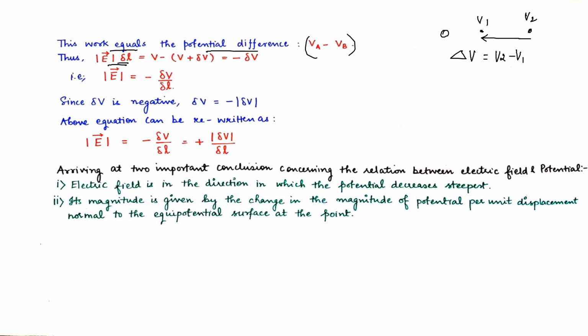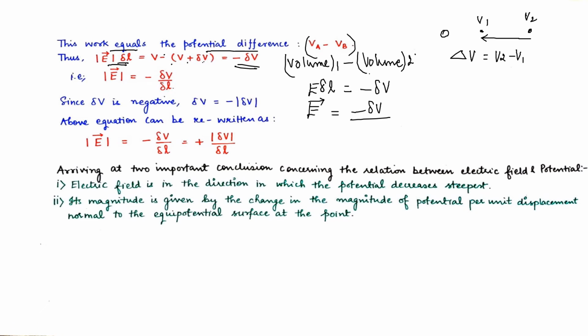Thus in the previous slide we have seen this equation equals V minus V plus del V, so the potential of the first equipotential surface minus the potential of surface 2. It should be seen in this way. So we will get E del L equals minus del V. Now for E we will do some changes and we will get E equals minus del V by del L.